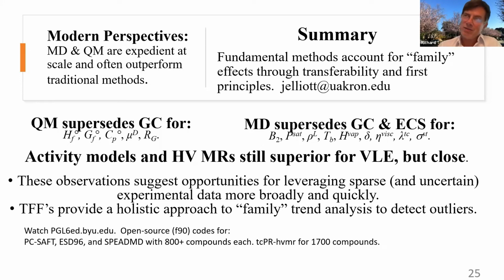Now, we can get some sense of how broad that scope is by comparing what they get for some pure compounds to what DIPPR gets for the same compounds. I've looked at some of those kinds of data, and I would say that NIST has probably already captured the same data that DIPPR has 80 to 90% of the time.